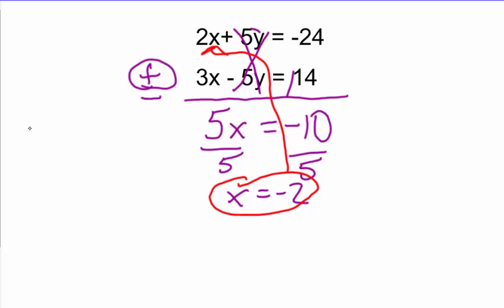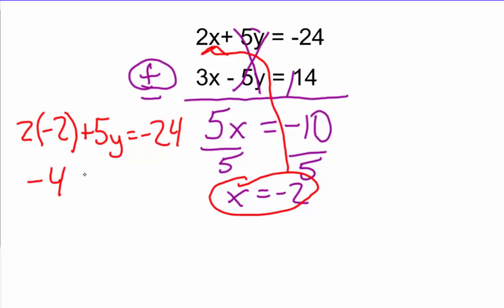So to do that, what it's going to look like then is we'll have 2 times, instead of x, a negative 2, plus 5y equals negative 24. Now, this is just our simple algebra solving for y.